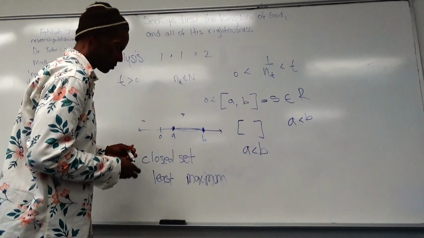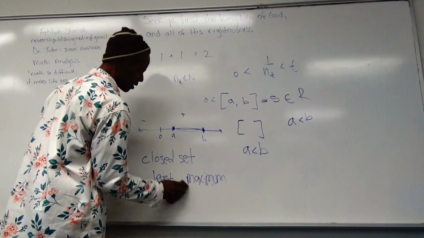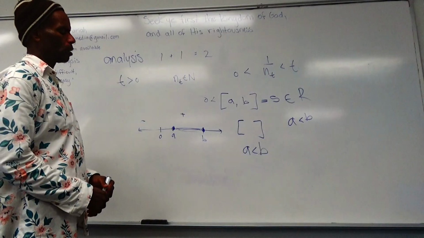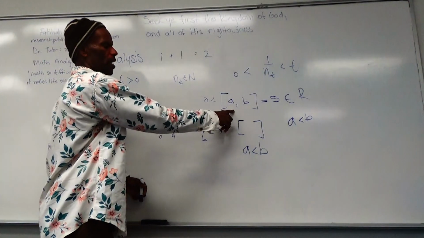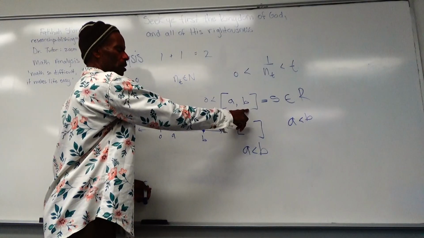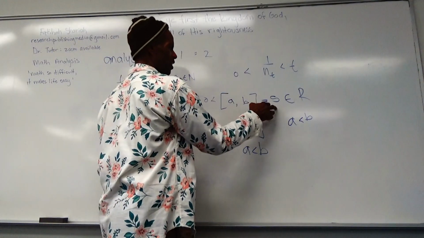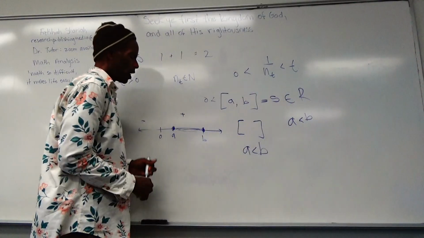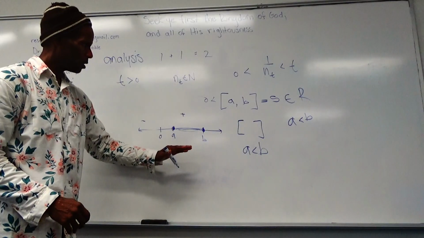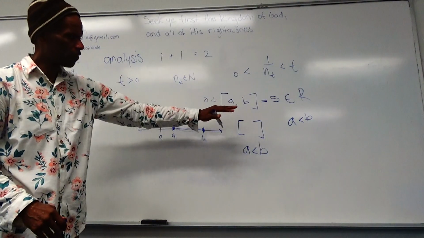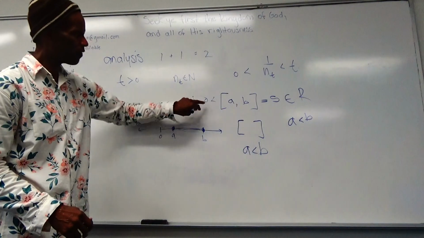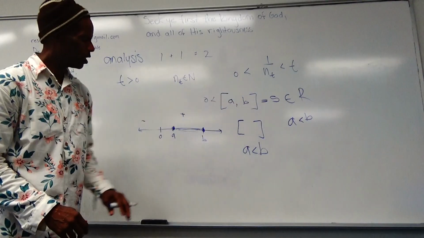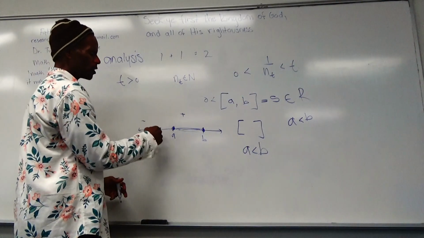So why do I say that? Let me say it one more time. You have a closed set A, comma B, and we call this closed set S, and we put S in a real number set, and then we come to the number line. We specified that 0 is less than the closed set, so that means that A is going to be greater than 0.